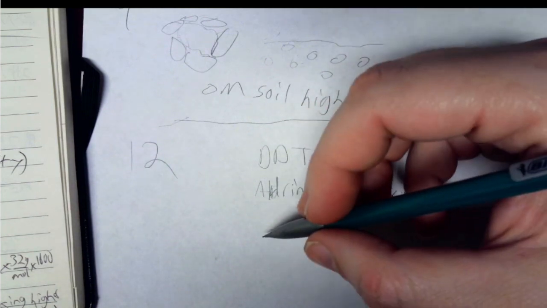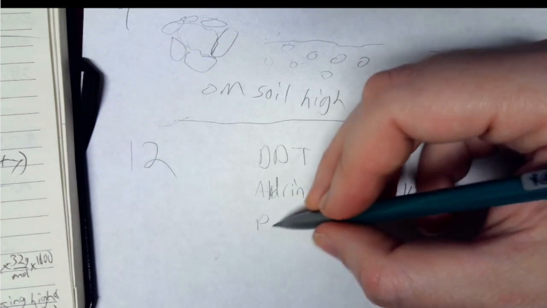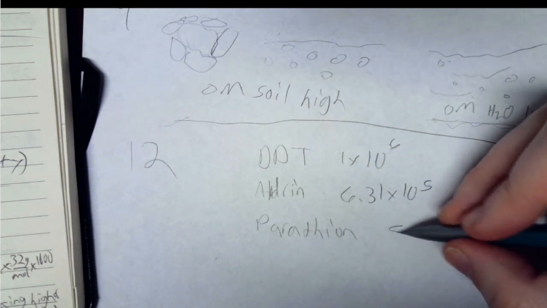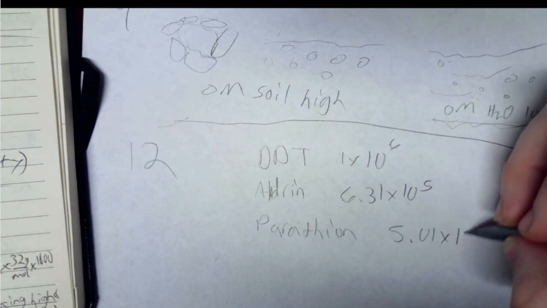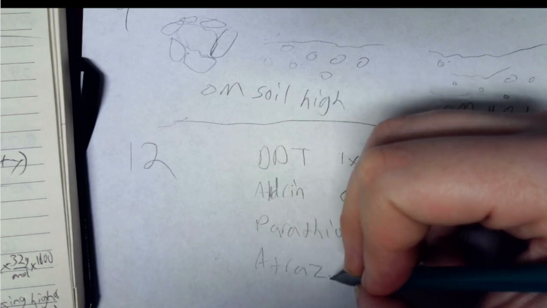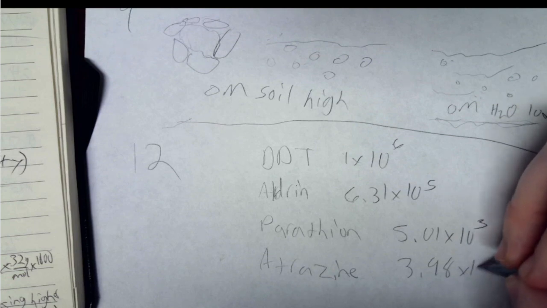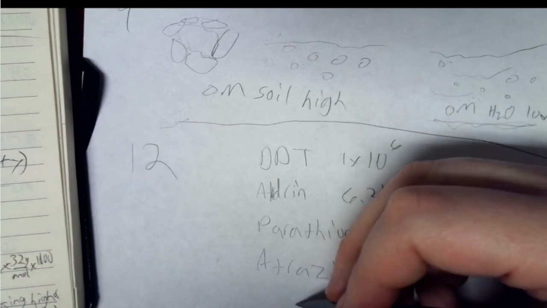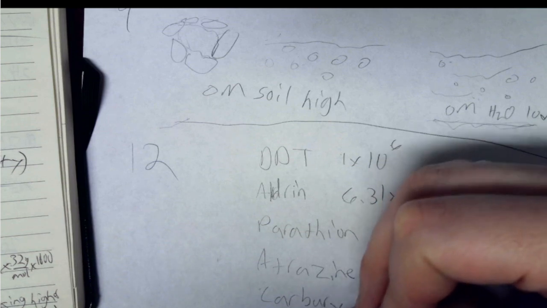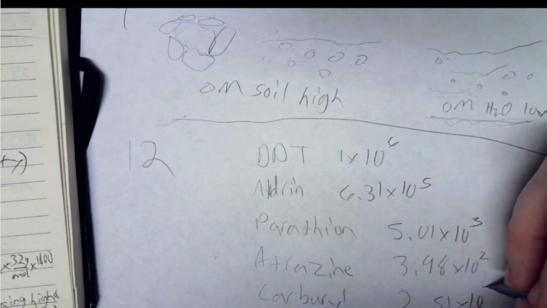We have the parathion of 5.01 times 10 to the 3rd. I have atrazine of 3.98 times 10 to the 2nd. And we have the carbaryl of 2.51 times 10 to the 2nd.